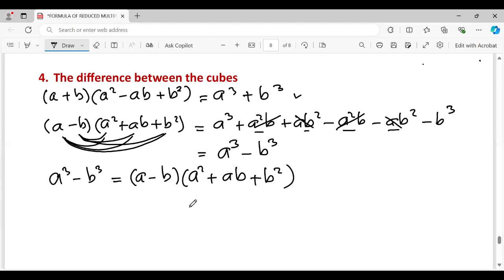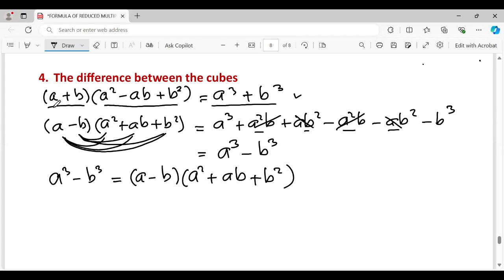So look, the previous one, number 3, (a plus b) multiply (a squared minus ab plus b squared) becomes a cube plus b cube, or vice versa. A cube plus b cube equals (a plus b) multiply (a squared minus ab plus b squared).